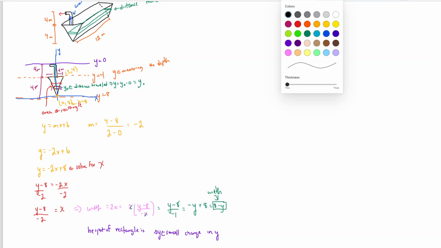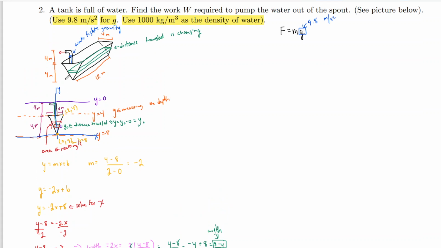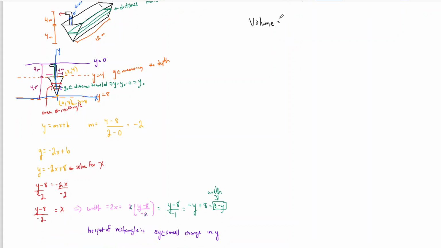All right, so why did we have to figure out the area of this rectangle? Well, now that we know the area of this rectangle, if we multiply it by 12, it'll give us the volume of this rectangular prism. So just going back up here, the volume of this rectangular prism is the area, which is 8 minus y times delta y, and then times 12.